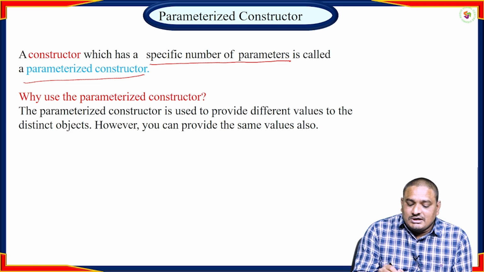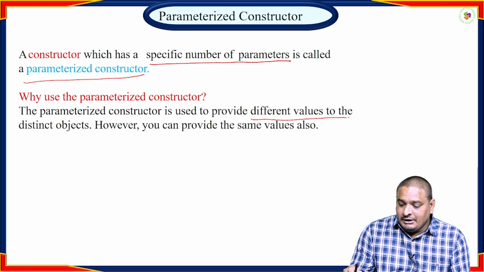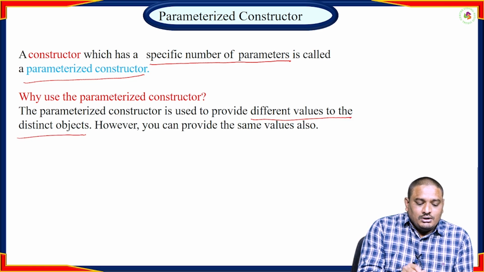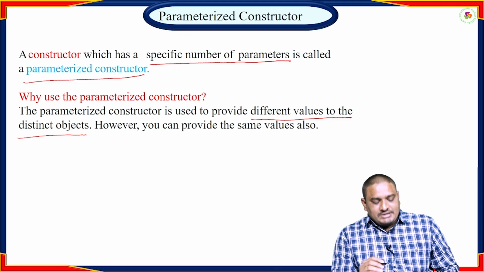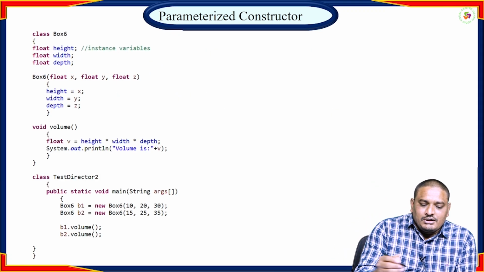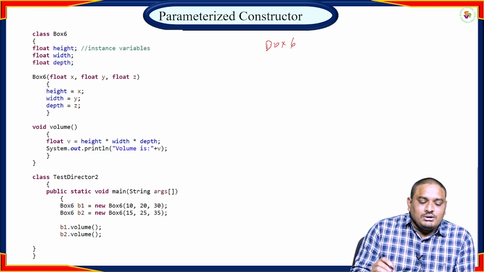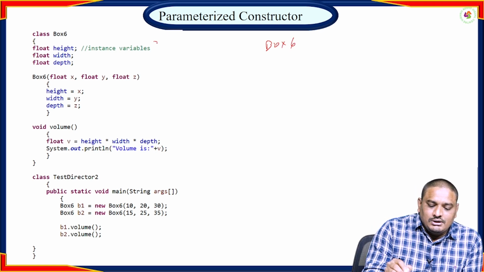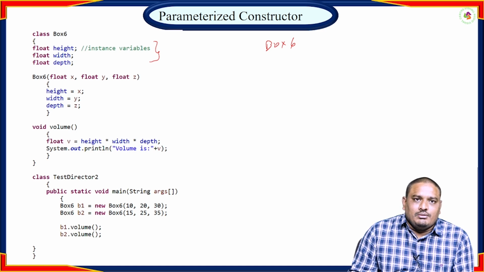It is used to provide different values to distinct objects. See this example. Here the class name is Box6. In this Box6 class, we are assigning the variables.